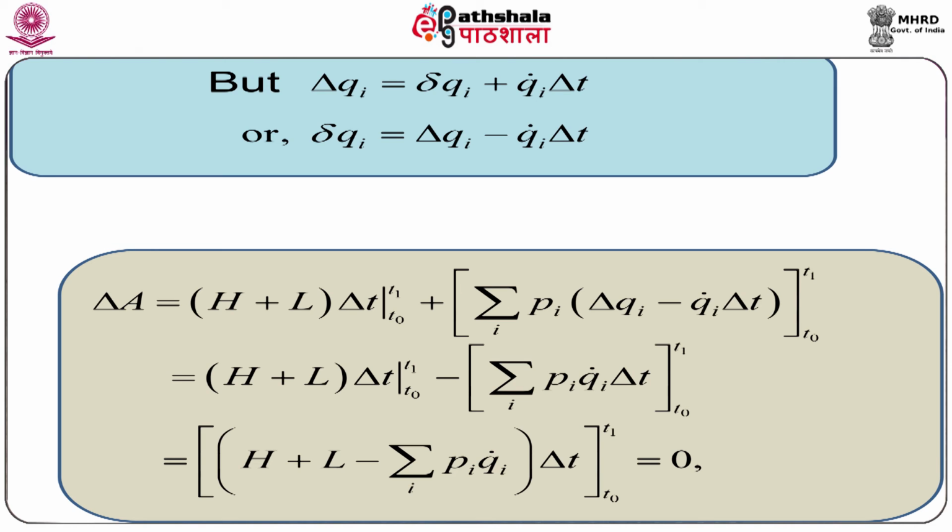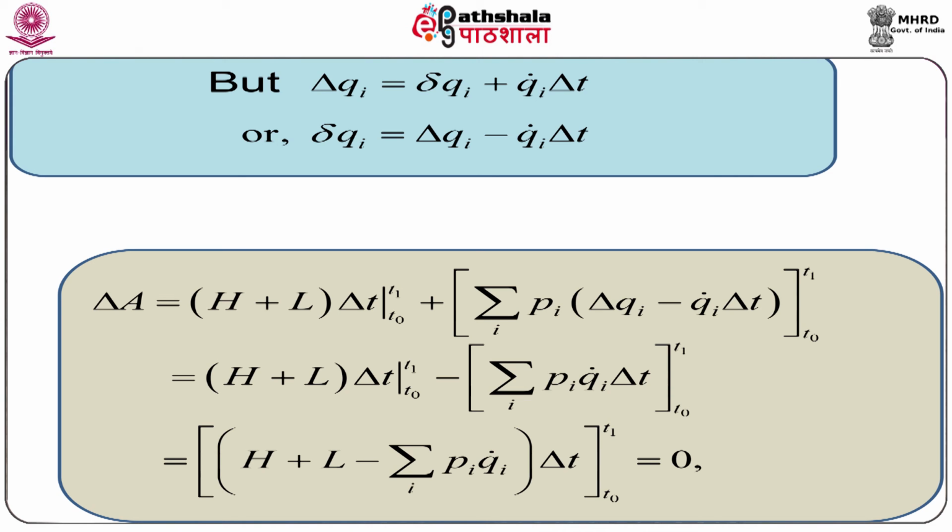Using this in equation 5.25, we have Δ A equal to H plus L into Δ T taken at t0 to t1, plus the summation over i of pi into Δ qi minus qi dot into Δ T taken at t0 to t1, which equals H plus L into Δ T taken at t0 to t1 minus the summation over i of pi into qi dot into Δ T taken at t0 to t1.